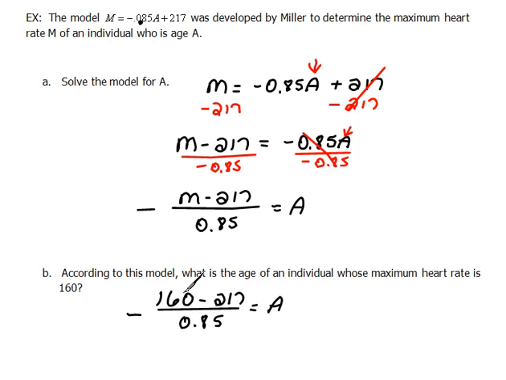When we do 160 minus 217, that's going to give us negative 57, sorry, and then we divide by 0.85. This is going to give us a negative number, and then when we take the negative of that, it's going to be a positive. So a should equal 67 years old.